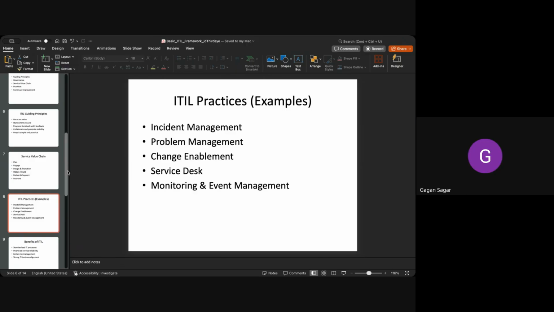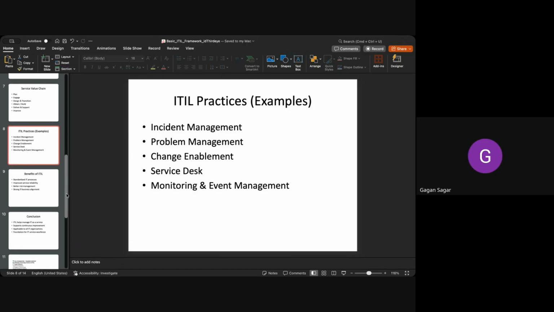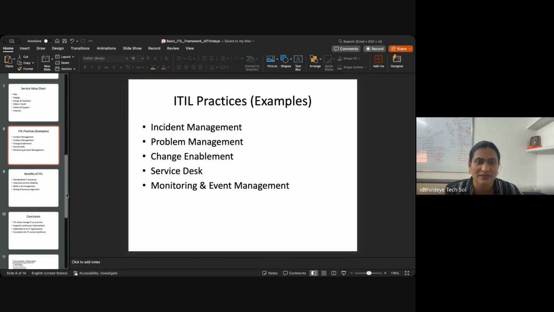Any idea? Basically, handling without any problems, ma'am. These come under that only. Out of these teams, have you heard about incident management, problem management, service desk?